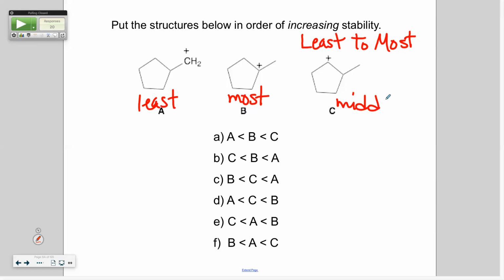Okay, how did you decide? What kind of carbocation is this? What's this one? What's this one? Okay, so increasing, so least is A, middle is, and most is, all right, so which one is that?